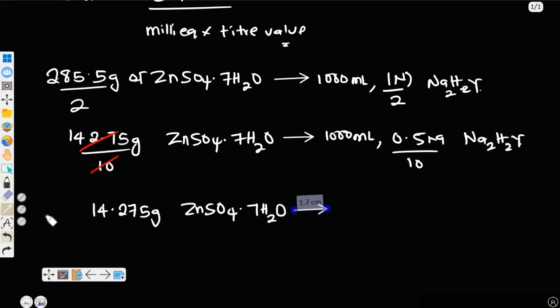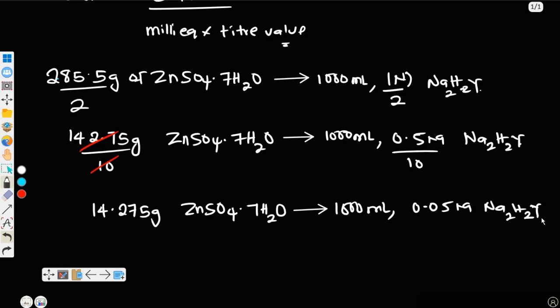Is going to give us 1000 ml of 0.05 molar sodium editate. Is that okay? Now divide both sides by 1000 ml.